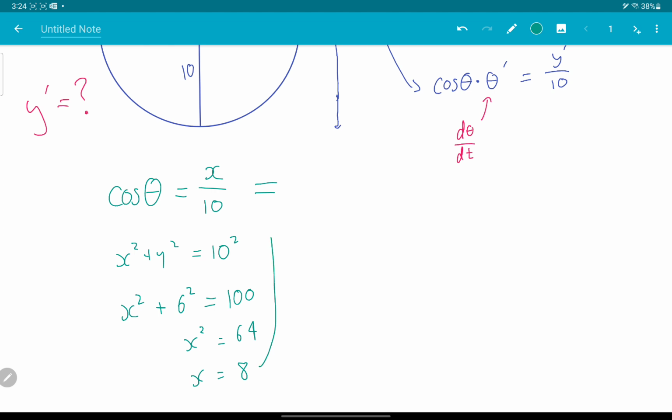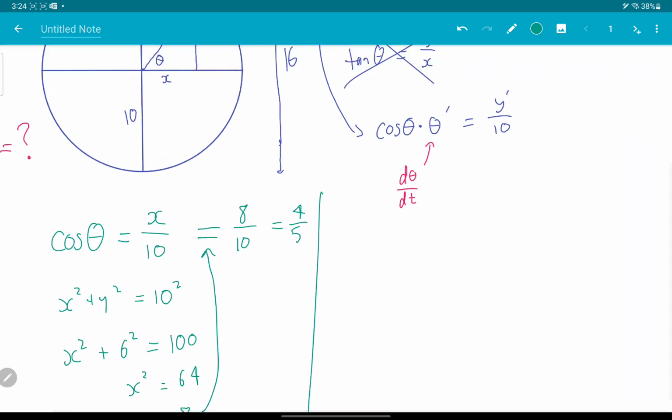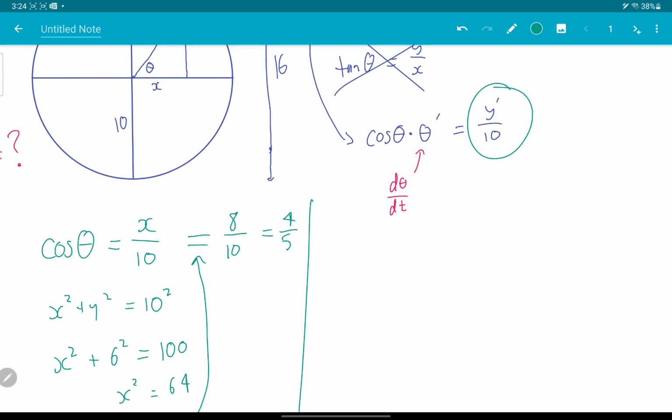And that gives me my cos theta. My cos theta is going to be 4 over 5. So far, so good. So again, I want y prime. I found cos theta. Now I've got to find theta prime.